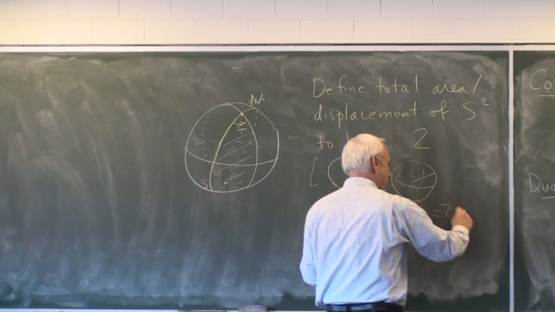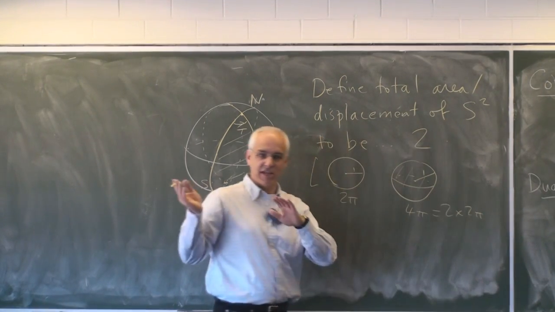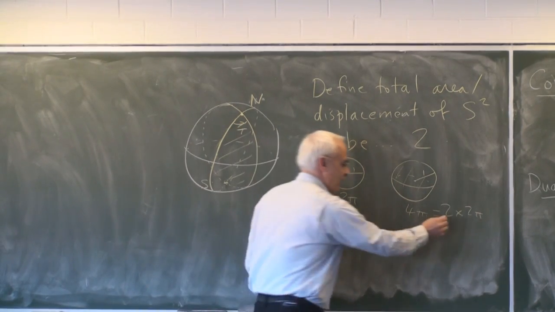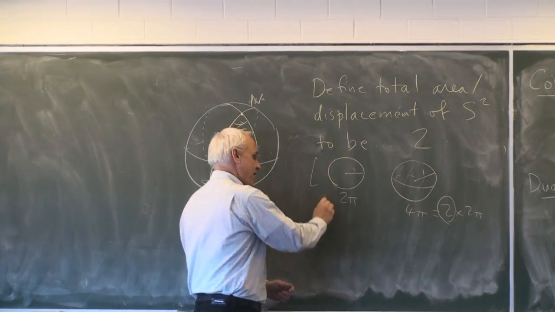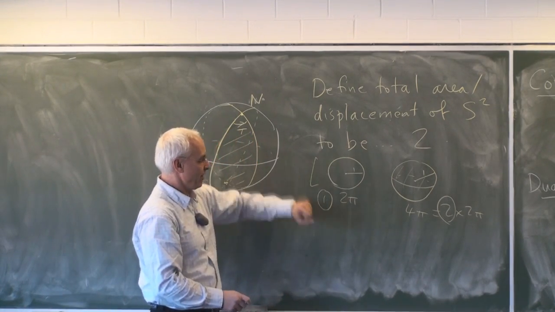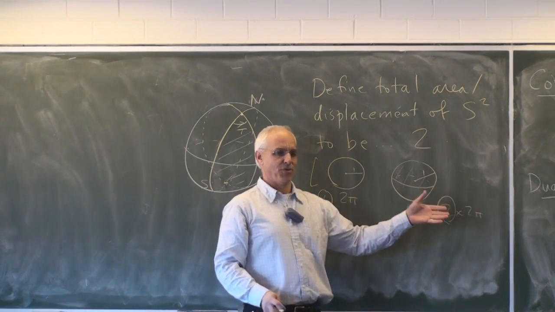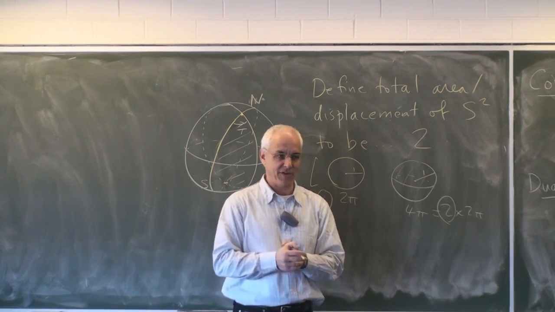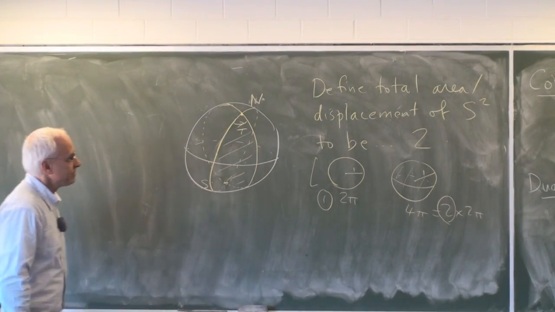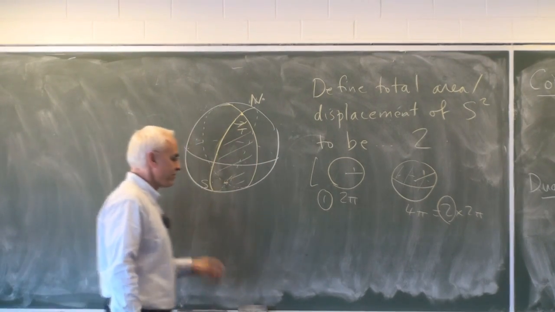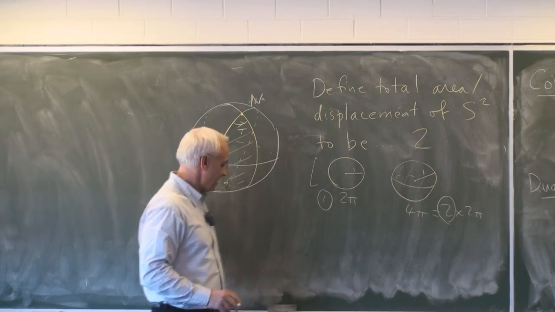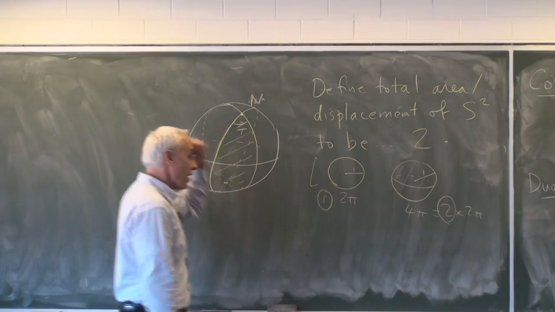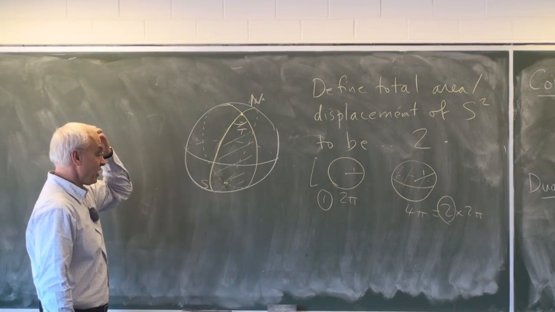Since I'm essentially taking the ordinary business and dividing everything by 2 pi, it's this 2 that's going to remain. So if I assign this weight of total 1, then I'm going to assign this 2 to make the formulas work out. And they will work out very pleasantly, as we'll see. Admittedly, there are other semi-reasons for doing that, but they're a bit more complicated to see. So let's agree that the total displacement of the sphere is 2.